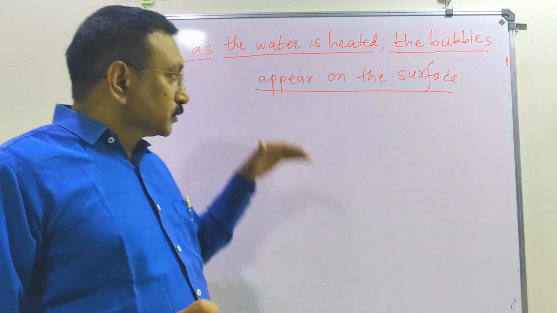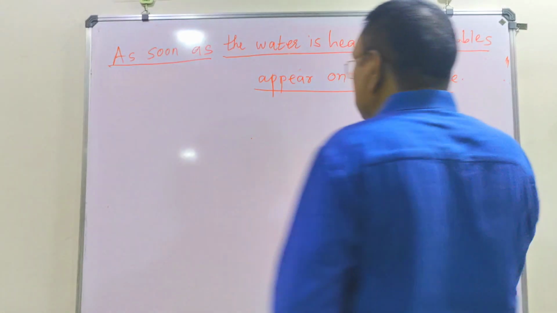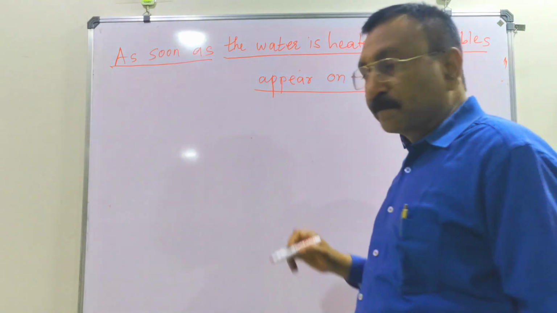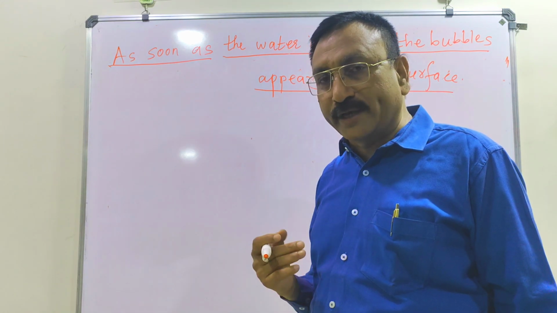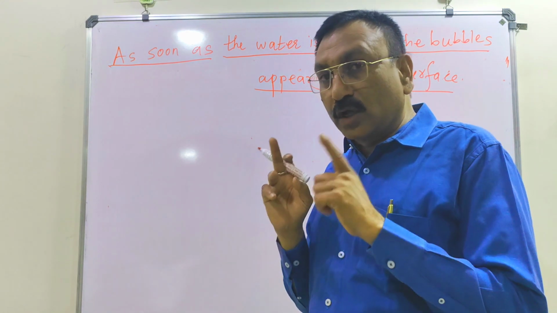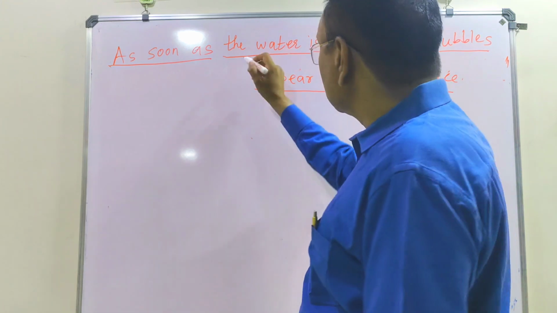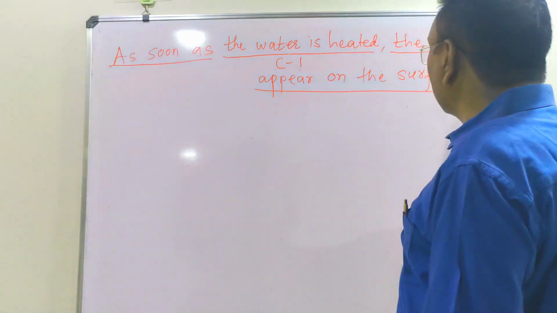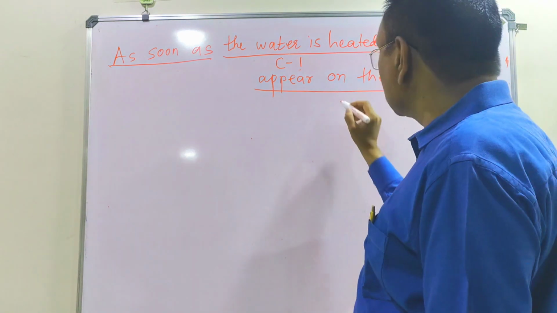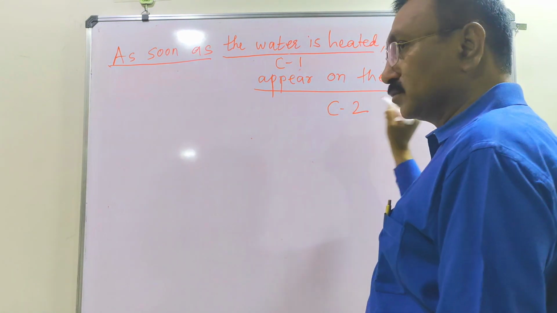Now look at this sentence. I told you the sentences which begin with the conjunctions like as soon as and no sooner always have two clauses. The water is heated, this is clause 1. The bubbles appear on the surface, this is clause 2.